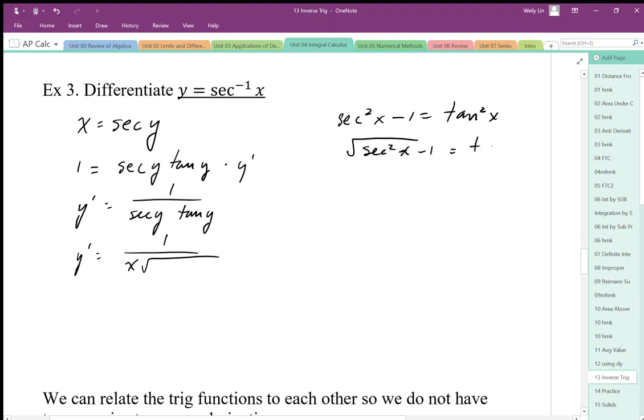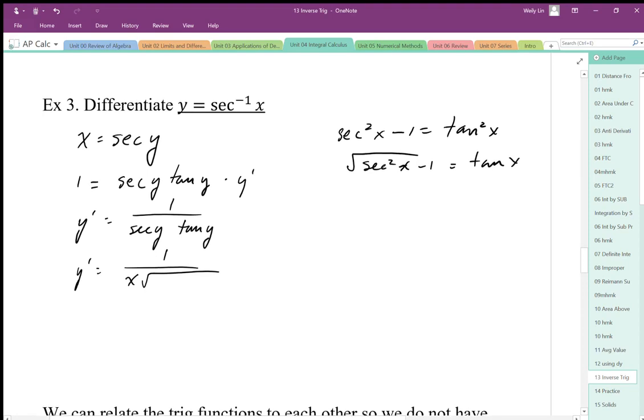Okay, so we end up with that expression. So this is going to be replaced with: tan y will be the square root of secant squared y minus 1. Replace that with x. We end up with x times the square root of x squared minus 1.